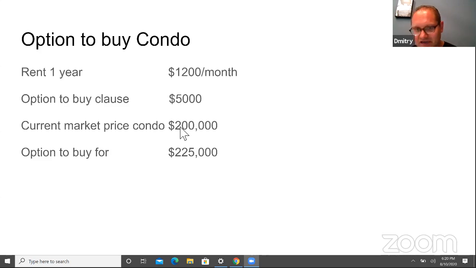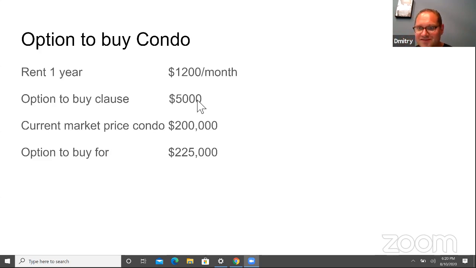The situation is exactly the same. The condos that are for sale for 200,000 are sitting there. Nobody's buying them. The market is the same. It's not getting any closer to my 225 strike. What do you think that clause should be worth, the same $5,000? Should it be worth more, or should it be worth less? What do people think?